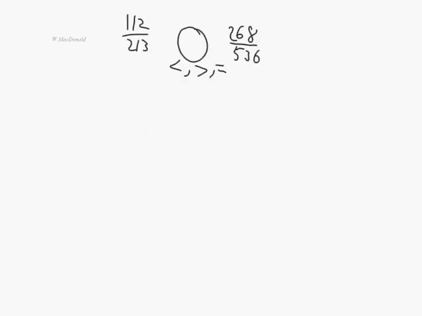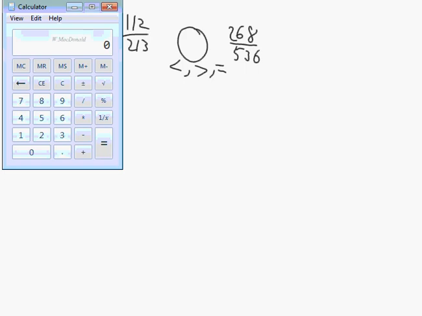The next question is, which is greater, 112 over 213 or 268 over 536? So if I grab my calculator, I know I'm going to need it. I'm going to change both of these to decimals. 112 divided by 213 is this decimal, 0.526, which is roughly 52.6%.